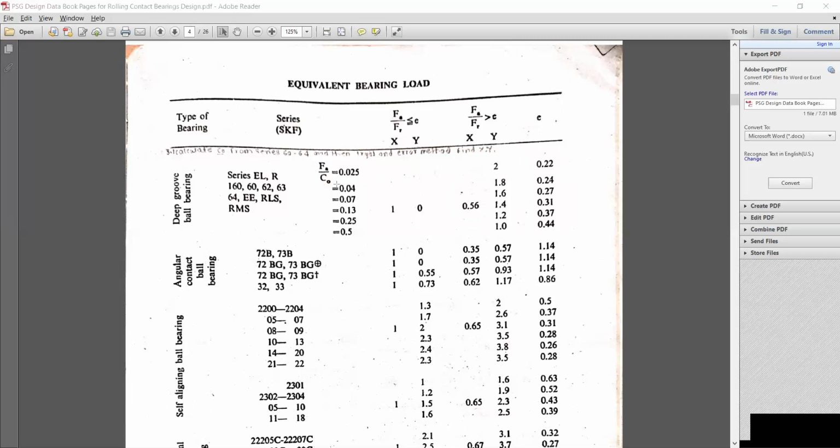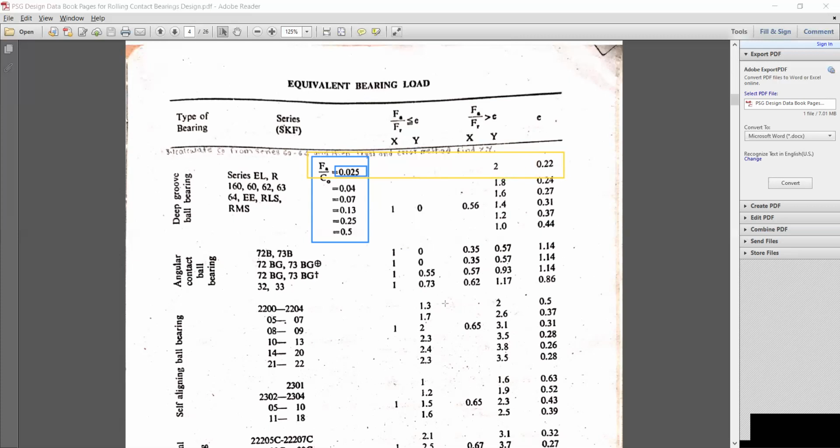Based on the Fa upon C0 ratio, you need to find the exact value from this column. The calculated value is 0.016, which is lesser than the first value. So we have selected this row, the first row.